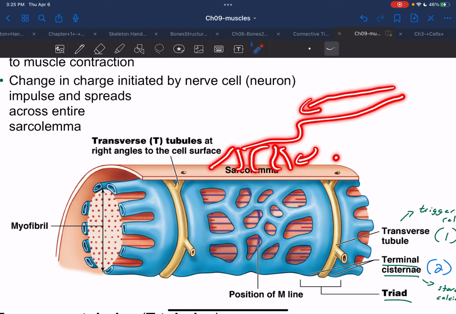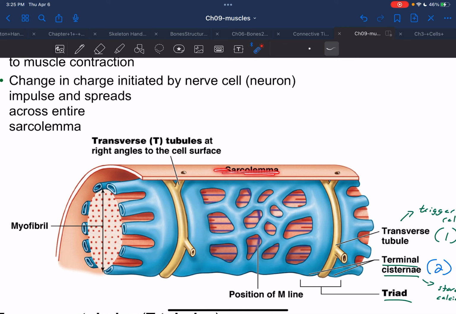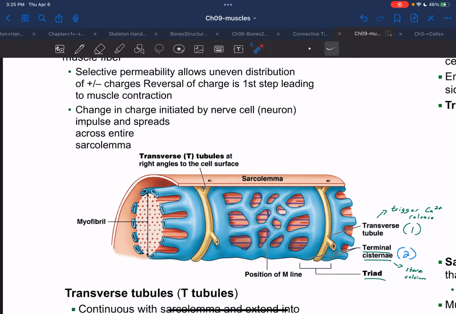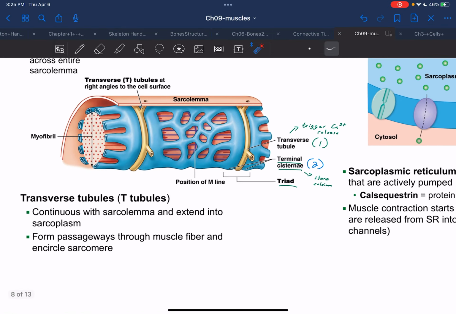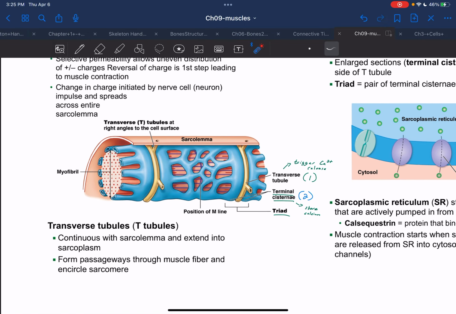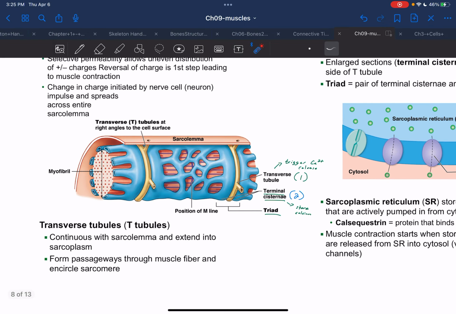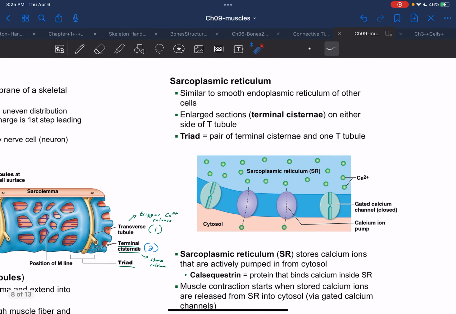And here we can see that they're synapsing, or they're going to connect. We're going to see that more towards the end of the class. And they connect to the sarcolemma. And so they're going to send or relay that message downwards to release calcium from these terminal cisternae. And we'll get back to that very concept. But this is just the overall structure of how the muscle stores calcium, or where it stores it.